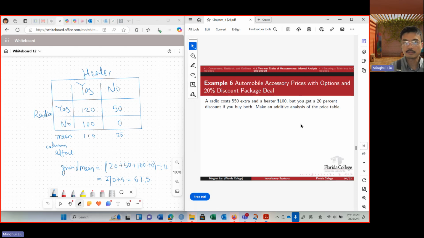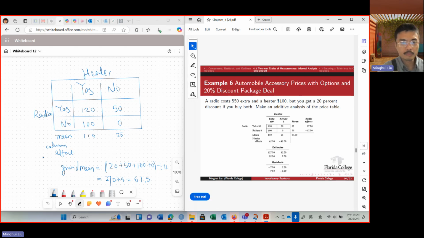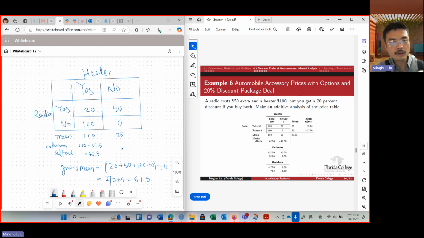So here, the first column mean 110 minus the grand mean 67.5, you're going to get 42.5. So 42.5 is the column effect.